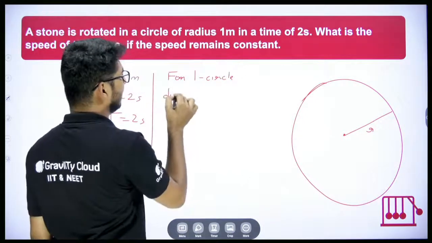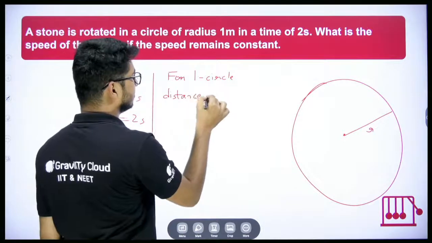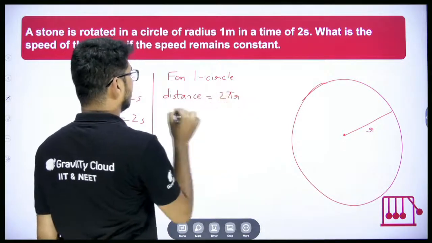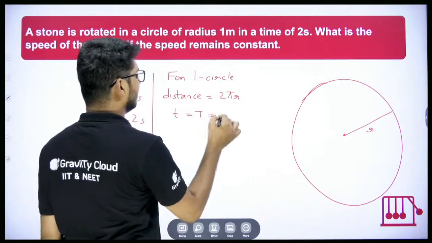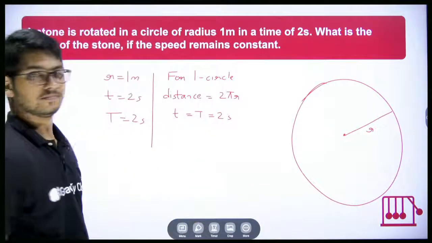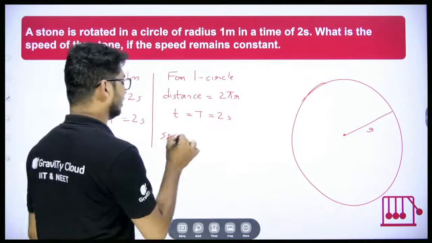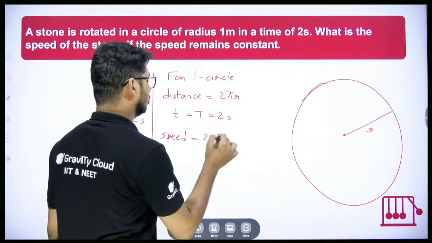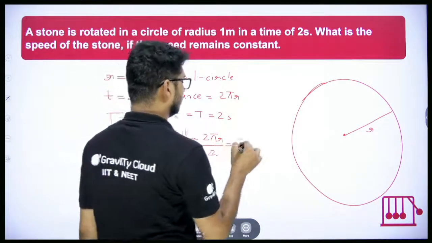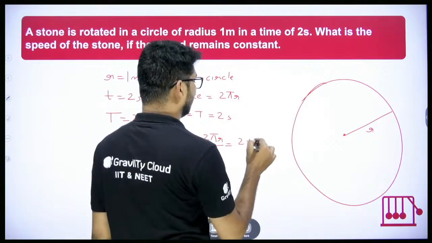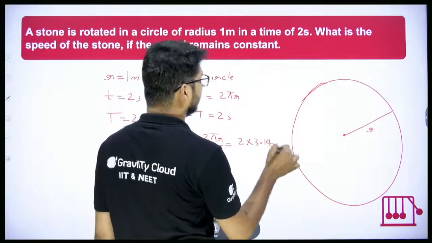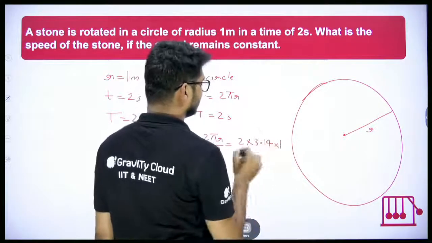For one circle, distance is equal to the circumference, 2 pi r. Time taken is equal to the time period, 2 seconds. So if I need speed, I will go for distance by time. So it is 2 pi r by 2. But what is pi? Pi is 3.14. What is radius? Radius is given as 1.